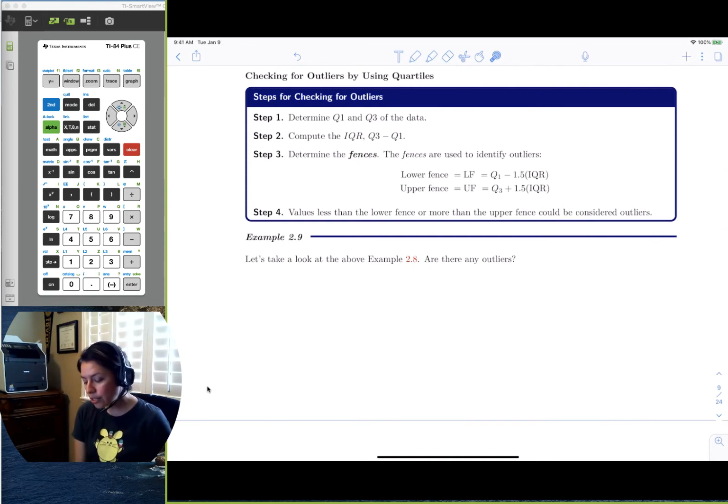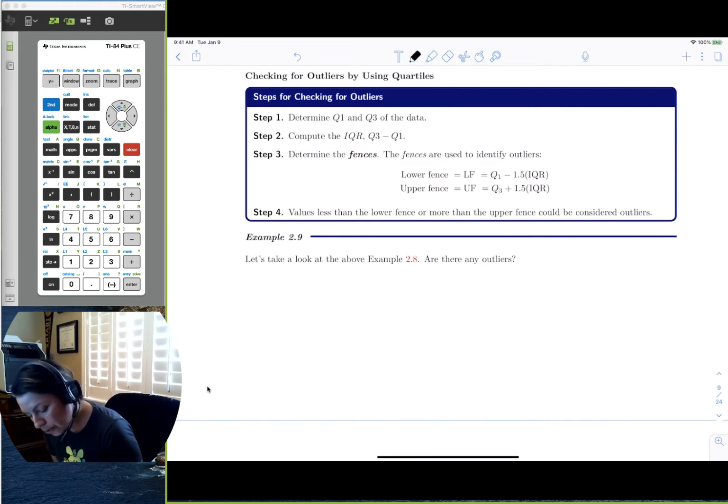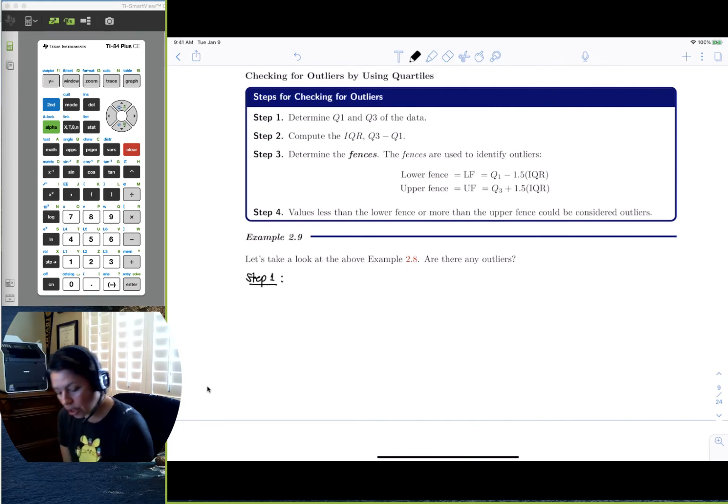So let's go ahead and determine if there are any outliers in our previous example with the model weights. In step 1, we found the Q1 and Q3.